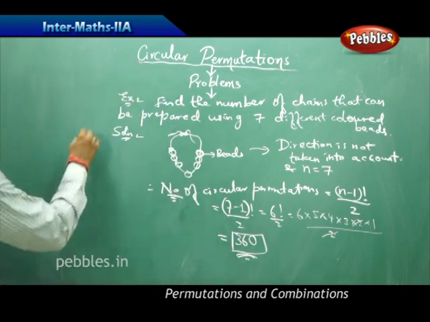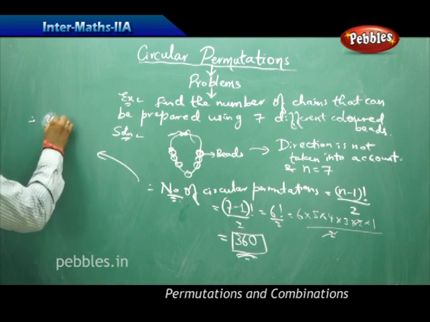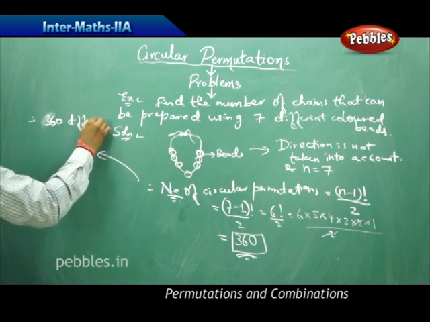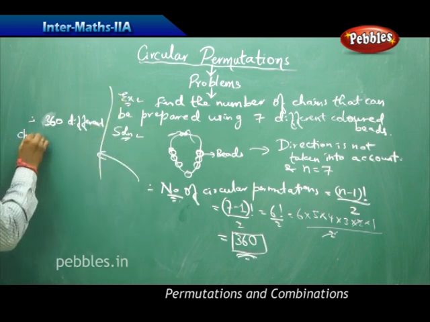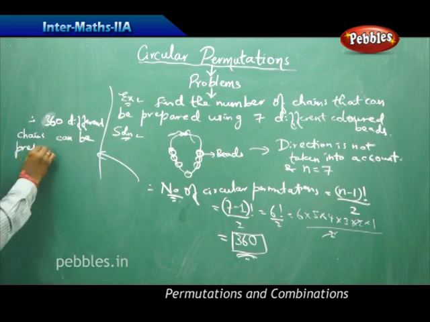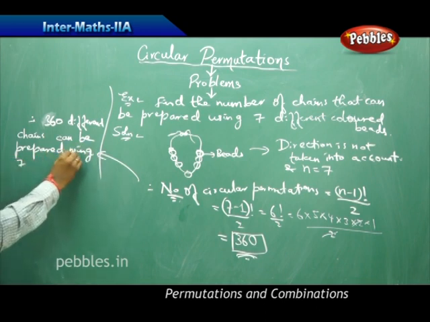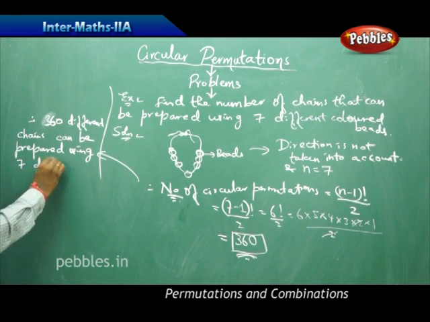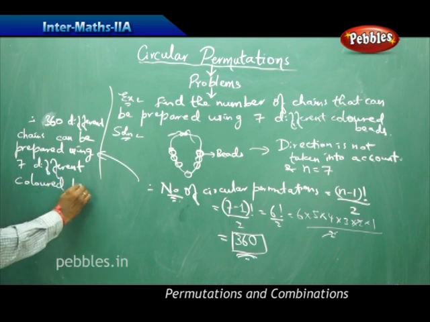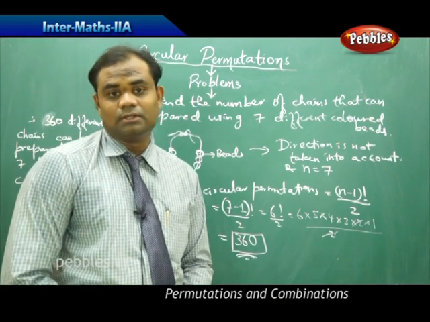So therefore, 360 different chains can be prepared using seven different colored beads, is how we understand this situational problem.